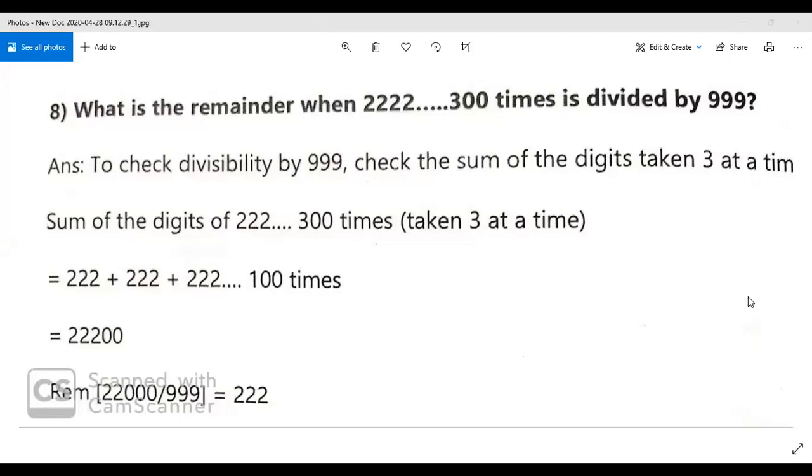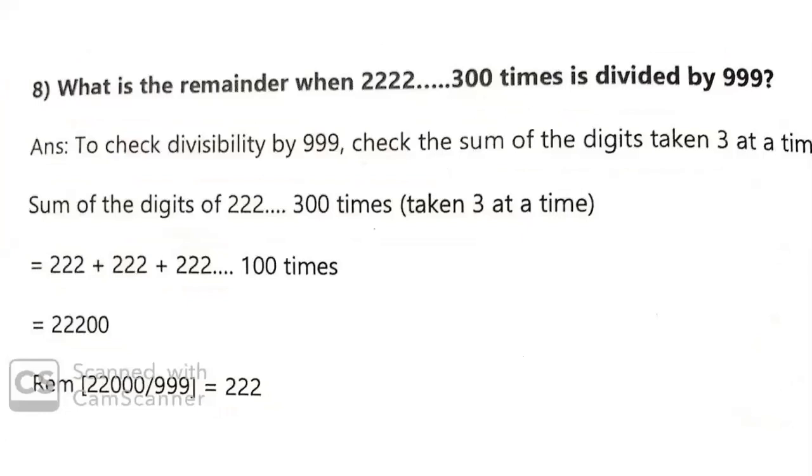So we are coming to the question: find the remainder when 300 twos is divided by 999. To make the sum easier, we are going to make pairs taking 3 at a time. So taking 2 three at a time, there would be 100 such numbers.